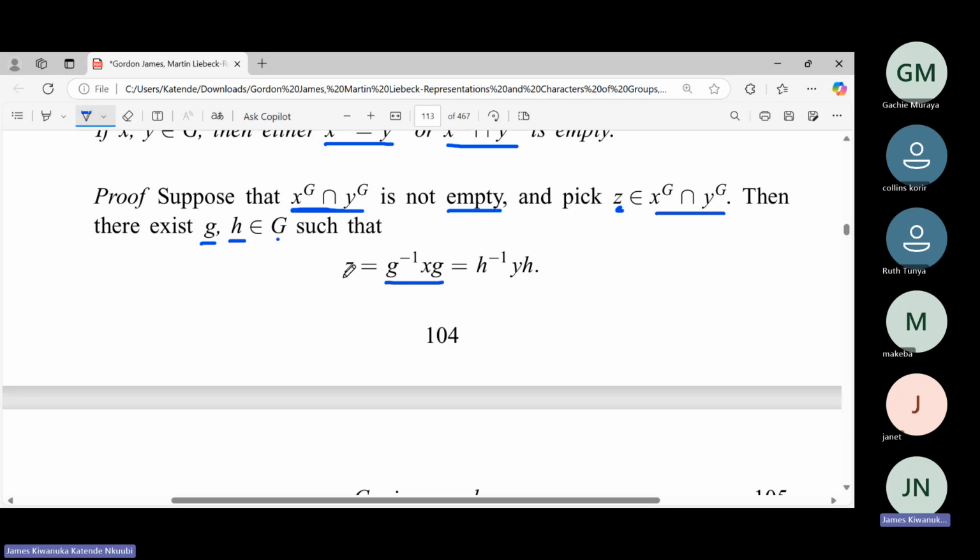But this Z is also in the conjugacy class of Y, so you can also write it as H inverse YH for some other element H in G.